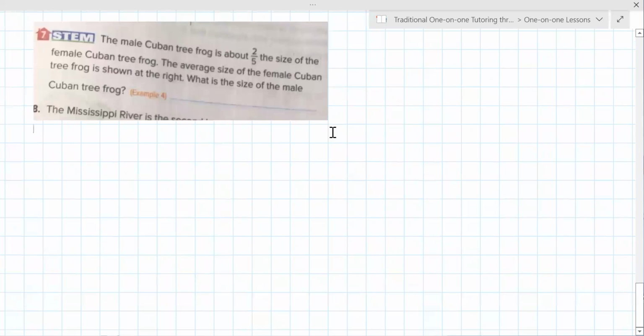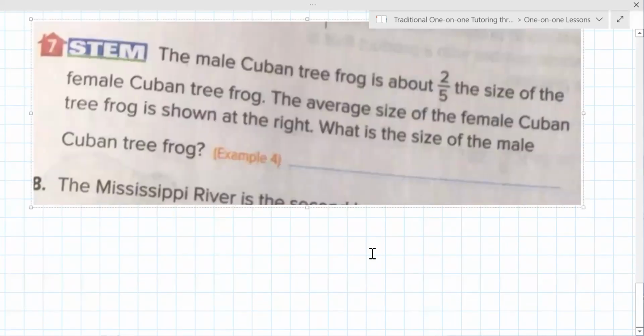Okay, it says, actually, could you read this for us? The male Cuban tree frog is about 2/5 the size of a female Cuban tree frog. The average size of the female Cuban tree frog is shown at the right.